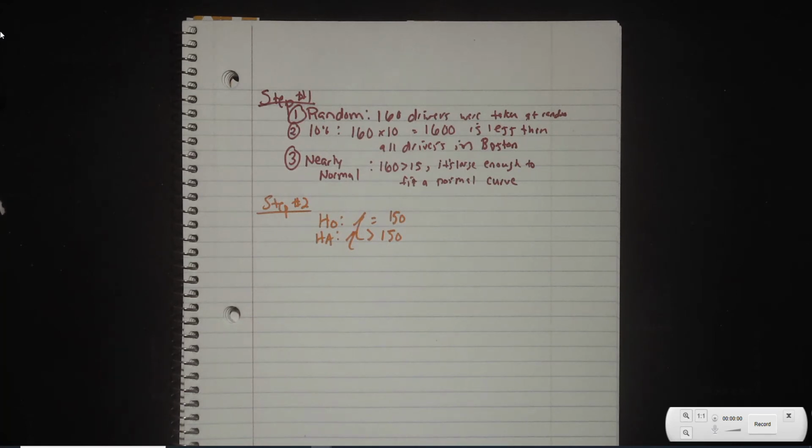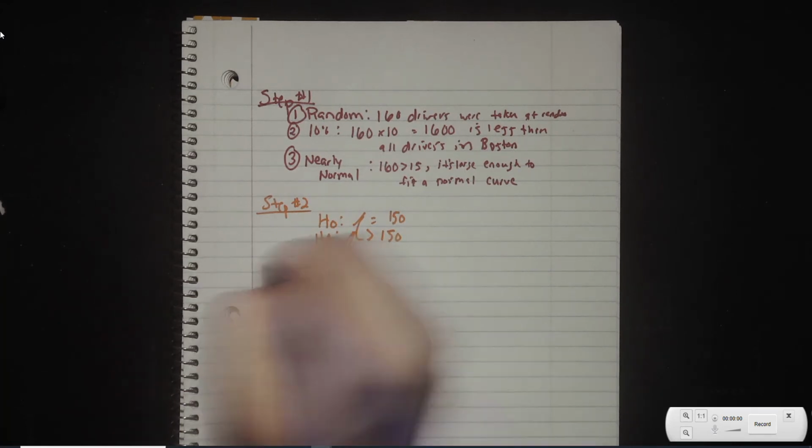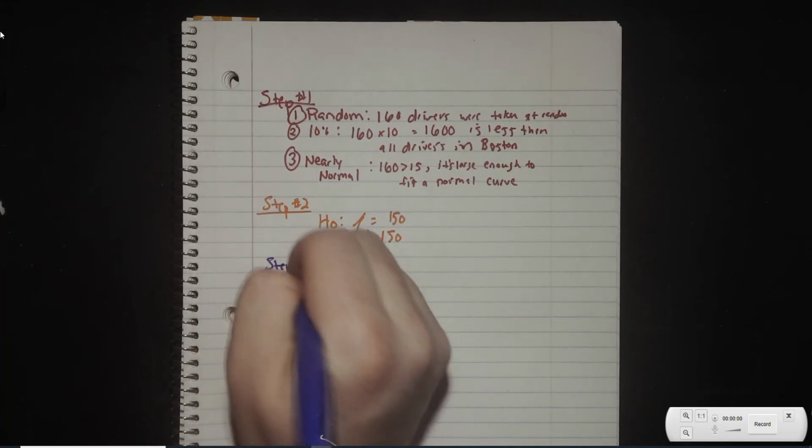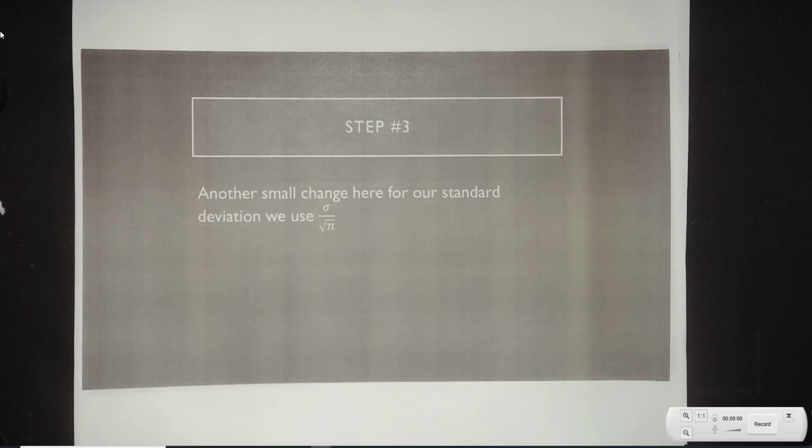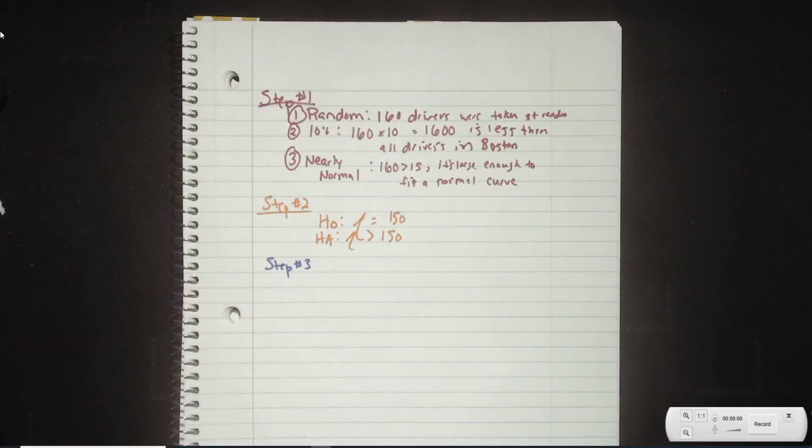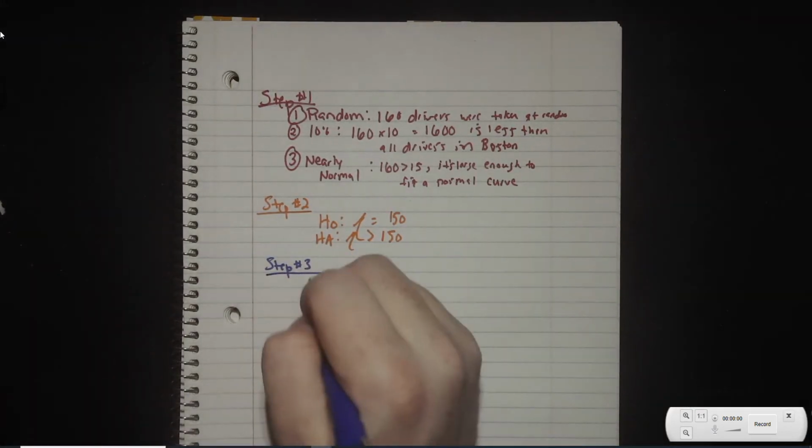So now, step number 3, again, is pretty similar to what we had before. The only difference is that we're going to change that standard deviation formula to our new standard deviation formula. So I'm going to have the standard deviation over the square root of n.